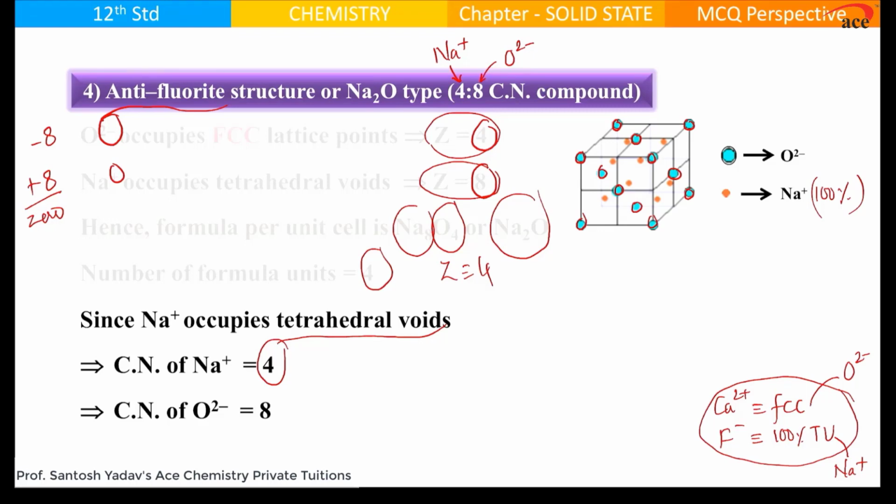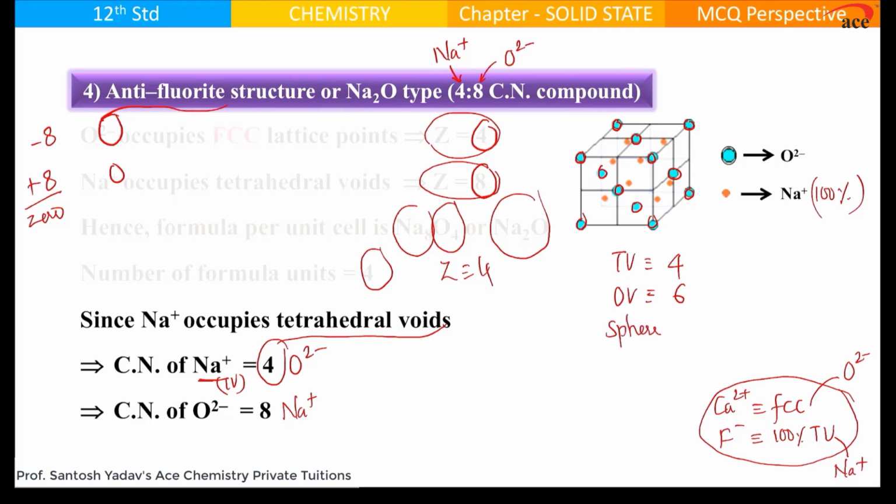That means oxide is surrounded by 8 Na plus, and Na plus which is present in tetrahedral void is surrounded by 4 oxide ions. 1 Na plus is surrounded by 4 oxide ions, and 1 oxide ion is surrounded by 8 Na plus. Conclusion, you should remember tetrahedral void coordination number is 4, octahedral void coordination number is 6.